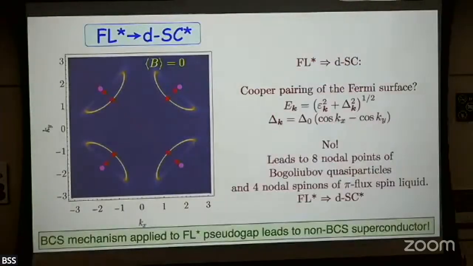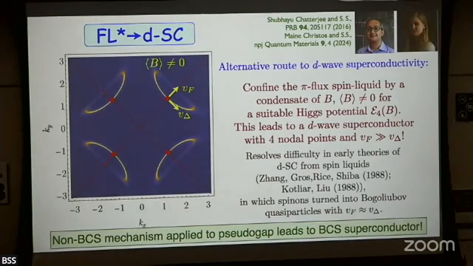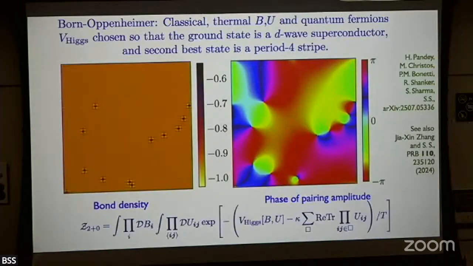So now I've described the superconductor. Let me just show a few pictures. What we've done in our paper from last week is a Monte Carlo simulation of this theory where B is fluctuating. This theory undergoes a Kosterlitz-Thouless transition. This is deep in the superconducting state at very low temperatures, and this is the phase of the superconducting order parameter.